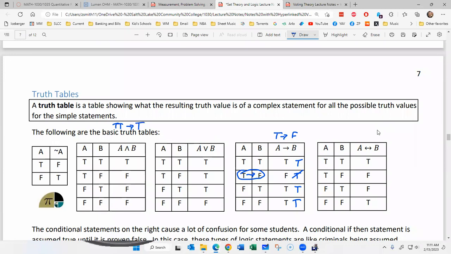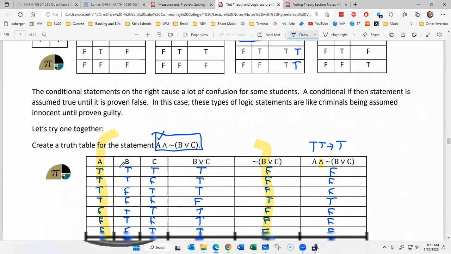For the ors, a false, false gives you a false. Other than that, they're all true. And the implies, they're all true unless a true gives you a false, then it's a false. So these assumptions, and what you look for to change, make these pretty easy to fill out. And of course, the opposite. Truth tables.